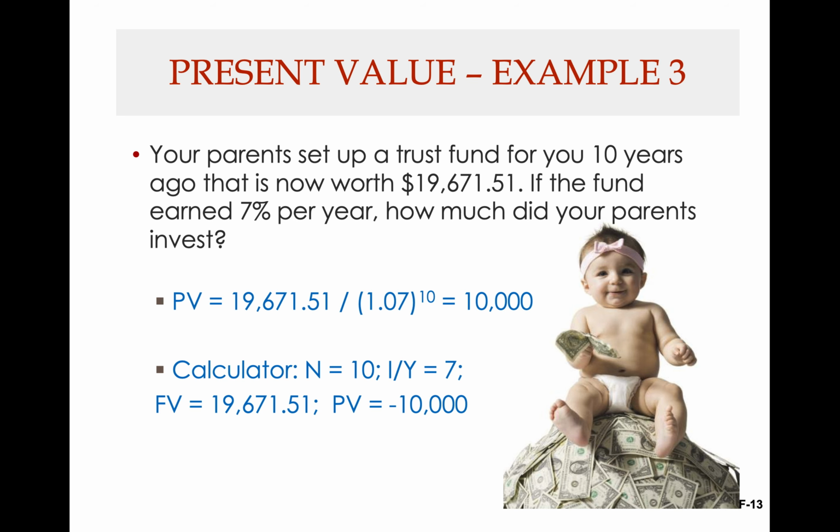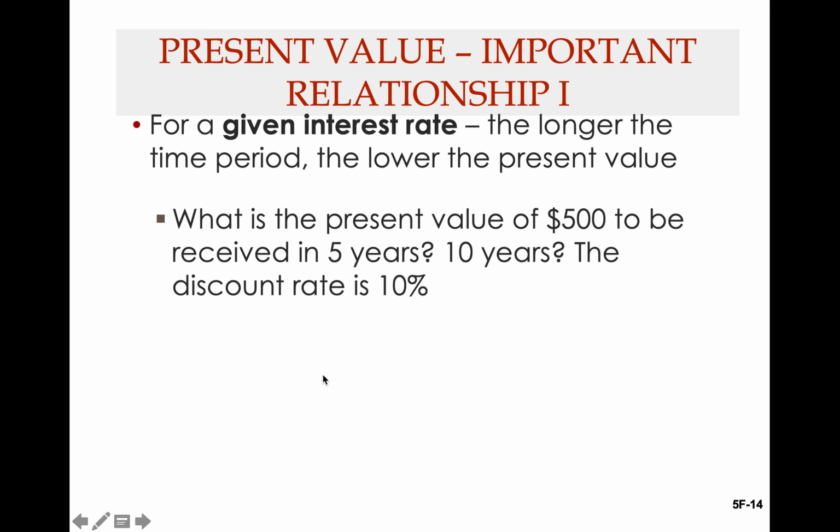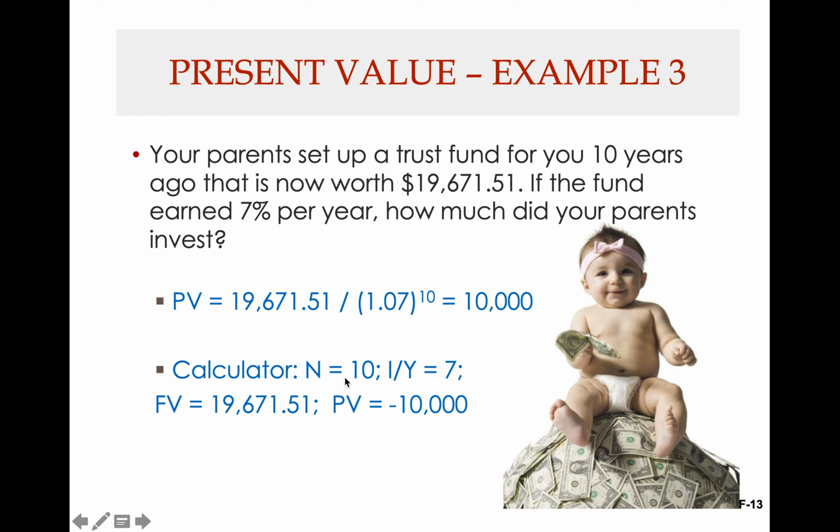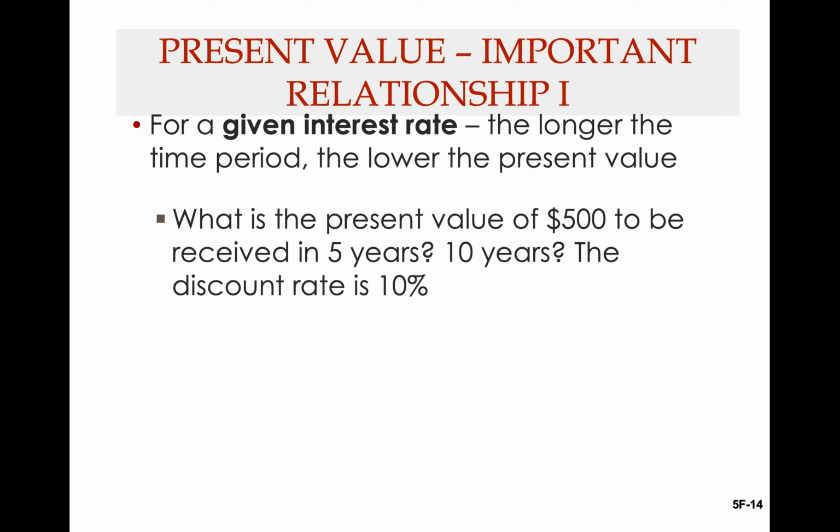Then you enter 10 as the number of years, and press the button N. Then you enter 7, then you press interest per year, then you enter the future value number, then you press the FV, or future value, button. Then finally you just press the PV button and it should give you the answer of $10,000. Hopefully it was helpful.